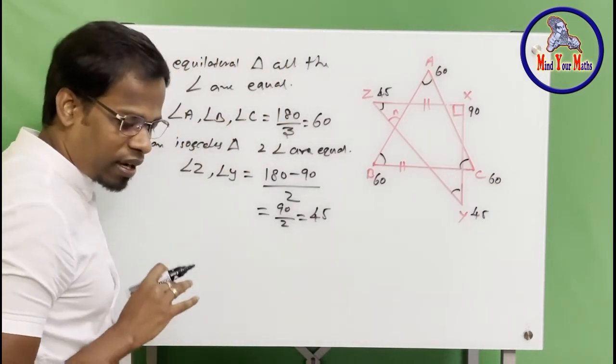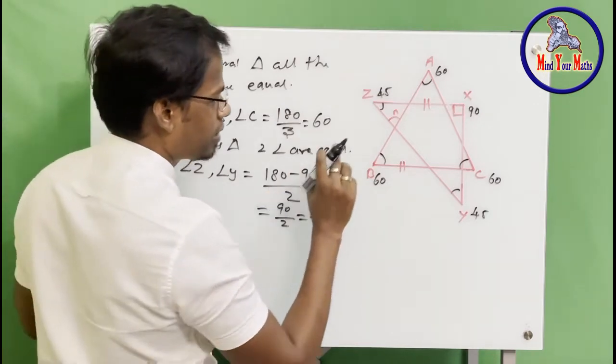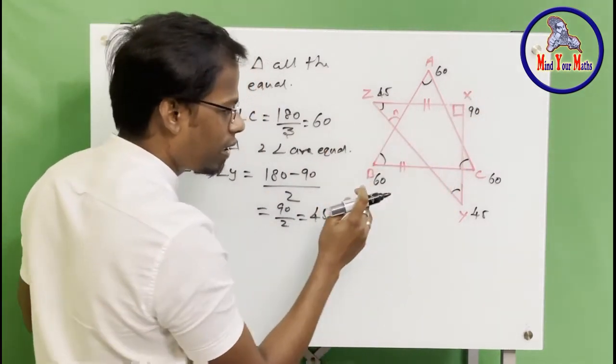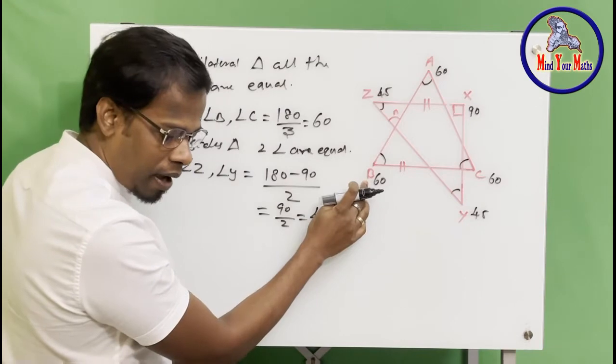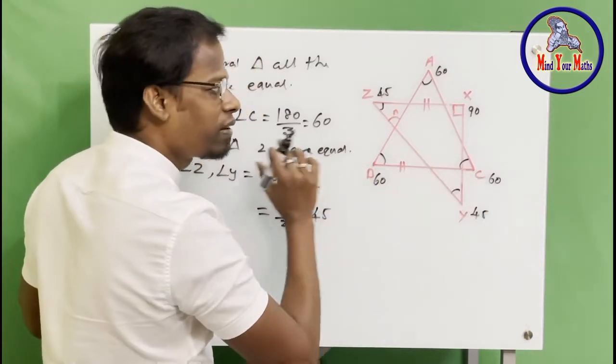Now there is another clue given in the problem, that ZX is parallel to BC. That is given for a reason.